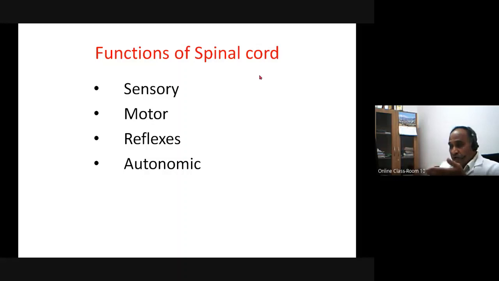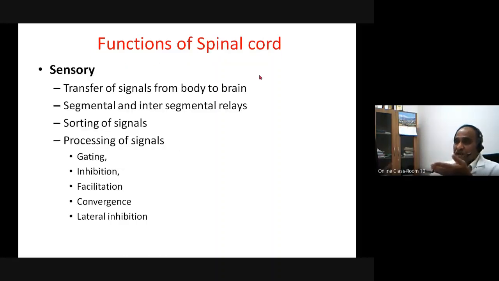So now already in the Bell-Magendie law, what we have said is the posterior root is sensory, the ventral root is motor. Now coming back, what are those sensory functions? These sensory functions include transfer of signals from body to brain, from the various parts of the body.